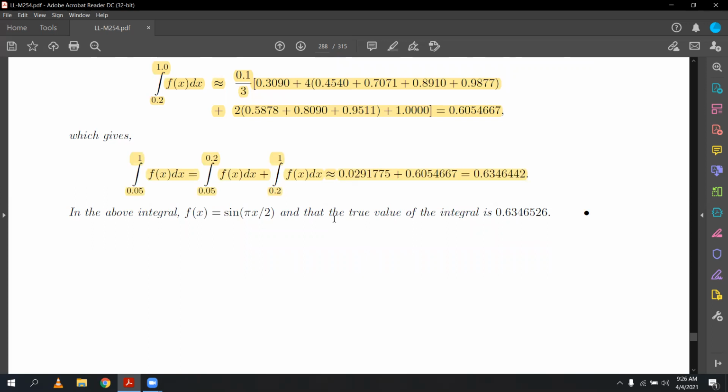Chapter 2, chapter 3, chapter 4, and chapter 5 only. So the last topic of your syllabus is numerical integration. Chapter number 6 I gave you in the syllabus, but chapter number 6 will not come in the exam. Okay, so is this clear, please?